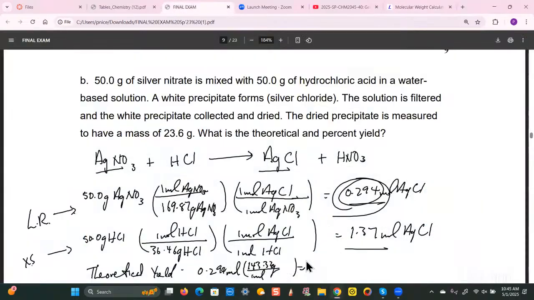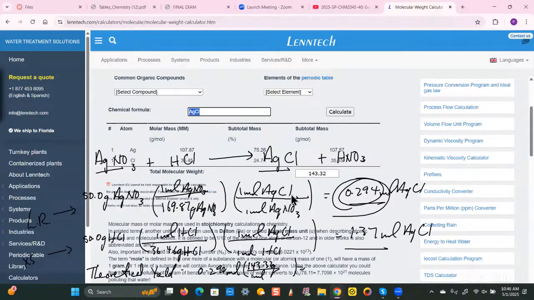So let's see what that gives, 0.294 times 143.32. And according to my calculation, this works out to be equal to 42.1 grams. Let me check and make sure the molar mass is right, but I'm quite sure it's 143.32.